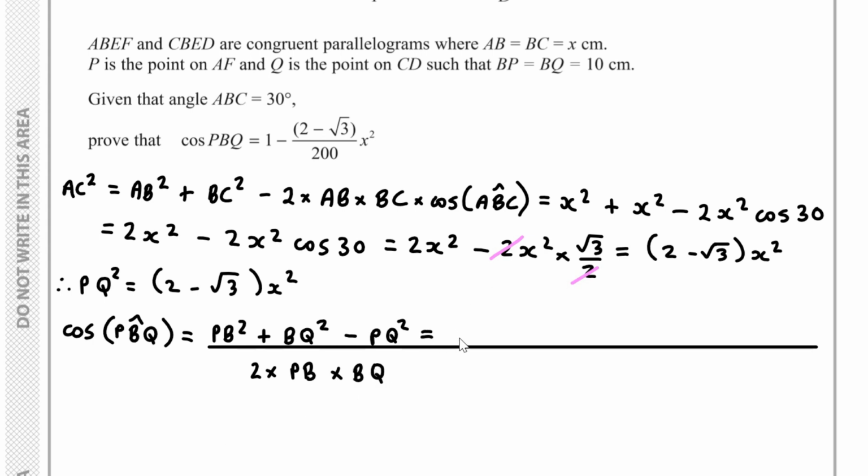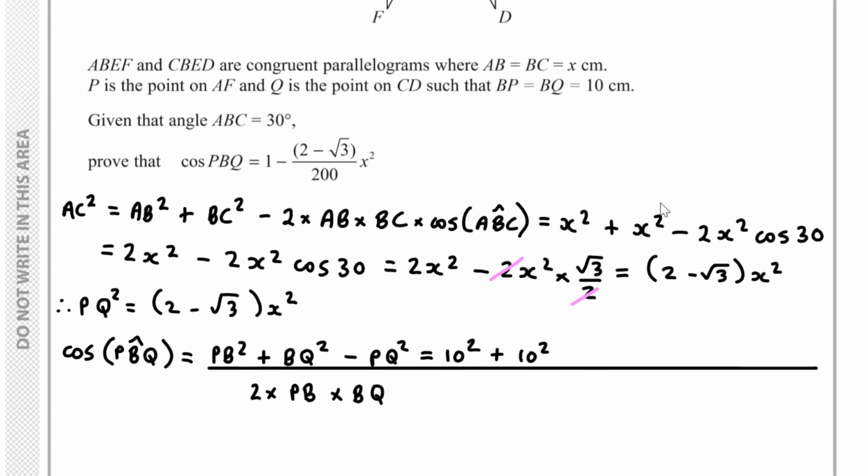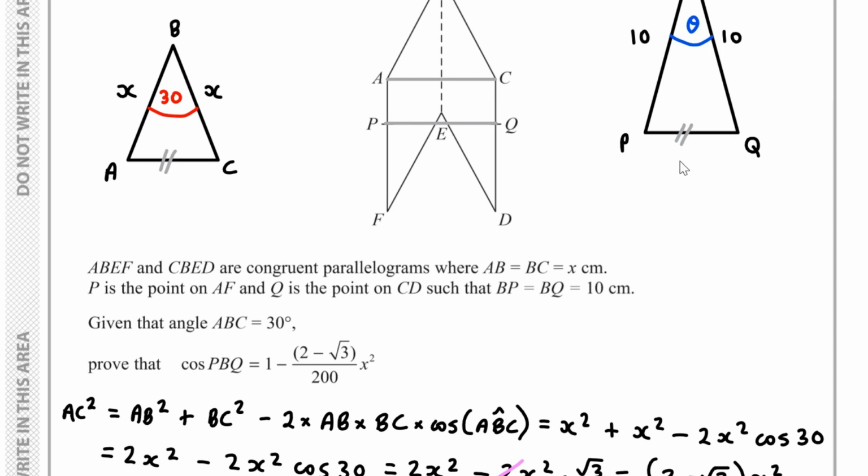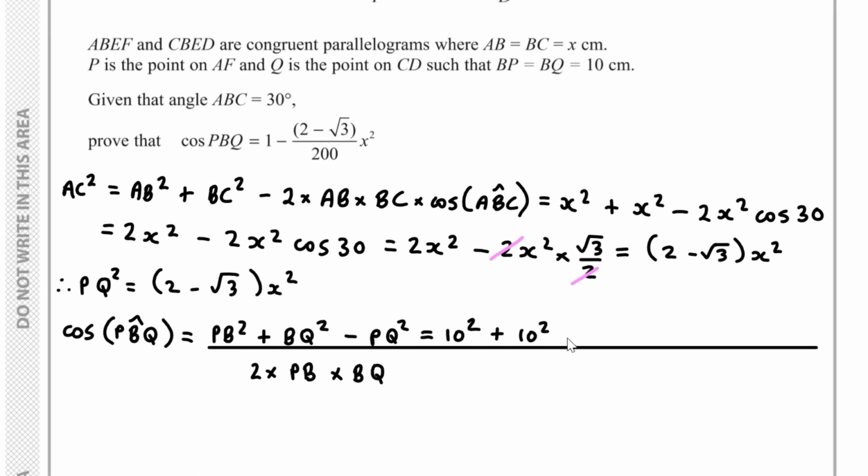So here we've got 10 squared plus 10 squared, so that is these lengths here, and then we subtract off PQ squared, so we subtract off 2 minus root 3 x squared, and then we're going to divide by 2 times 10 times 10. So let's work all of this out.